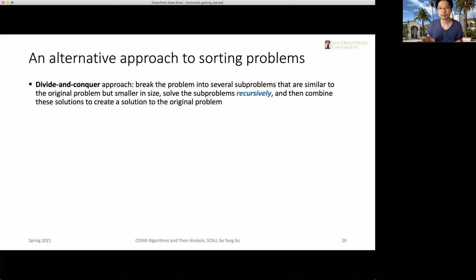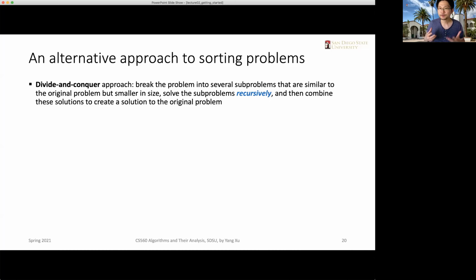Those subproblems are similar to the original problem but only smaller in size, so they are in nature the same type of problem. Then after the division, we solve the subproblems recursively by calling the procedure defined here recursively.